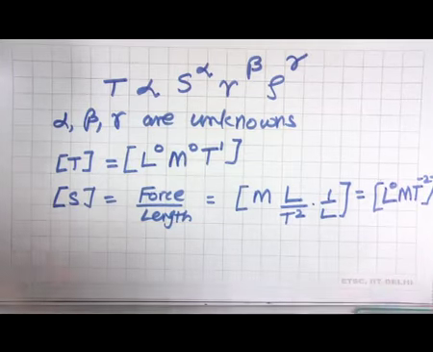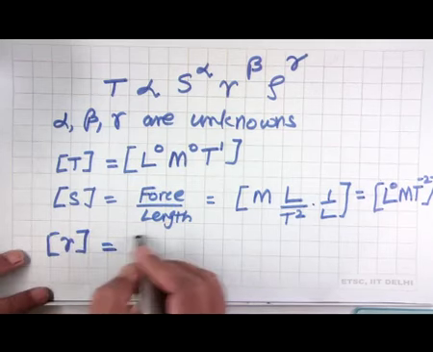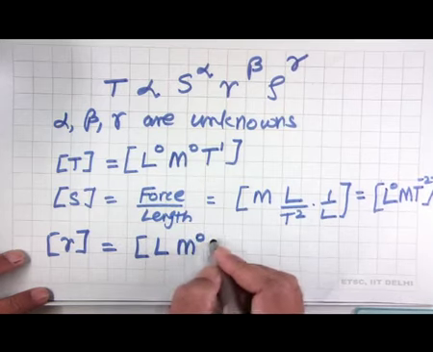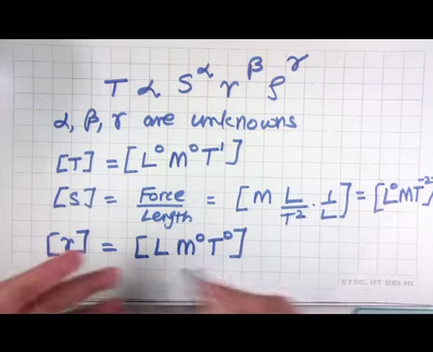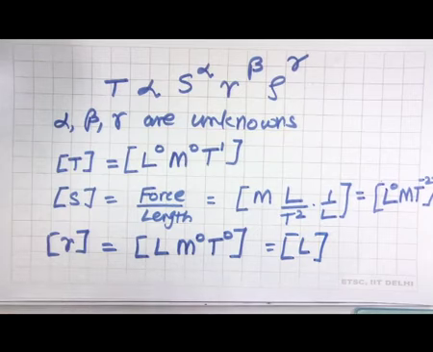We express things in terms of negative powers, and then we have r. The dimension of r will be just length. So, that will be equal to L times m to the power of 0, t to the power of 0. If you want, for ease of calculation, you can just write it as L, and in the final expression you carry all L, m and t.